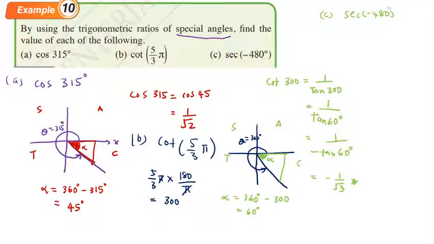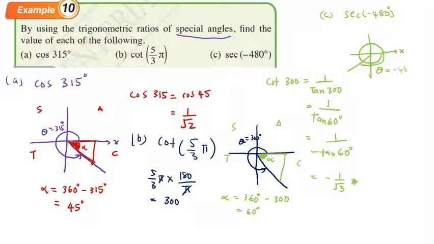Before you start, you must know where negative 480 is. Because this is a negative angle, one full turn is 360. How much more do you need? 480 minus 360, so you still need another 120. You go to 90, then you stop here, right? Here is where your angle is, in the third quadrant.